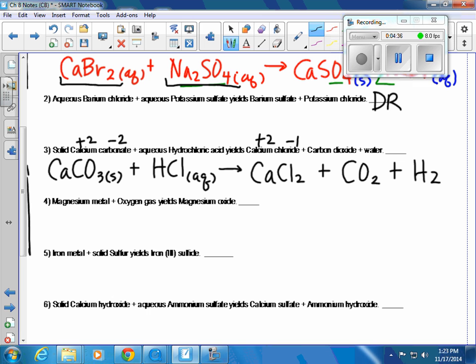Now, some of these you are not going to find on our solubility sheet. The only ones you're going to find are the ones that start with metals because they have a cation and an anion. So as I take a look at carbon dioxide, you are breathing out carbon dioxide right now. You need to think about what phase it's in at room temperature. And so carbon dioxide is going to be a gas at room temperature, water is going to be a liquid at room temperature. So the only one I don't know then what phase it is is calcium chloride.